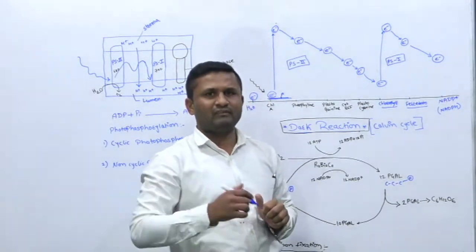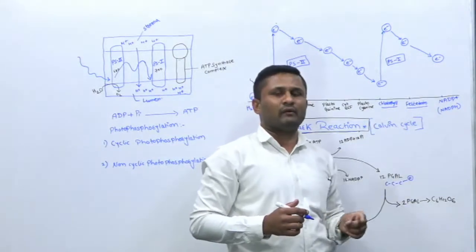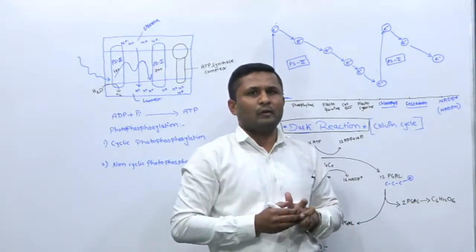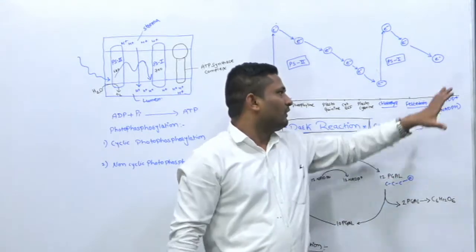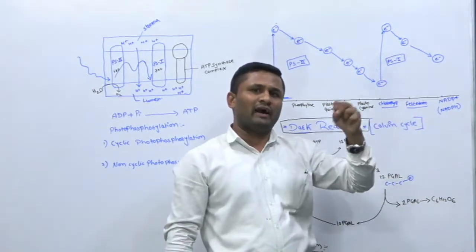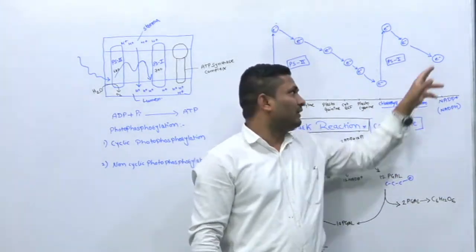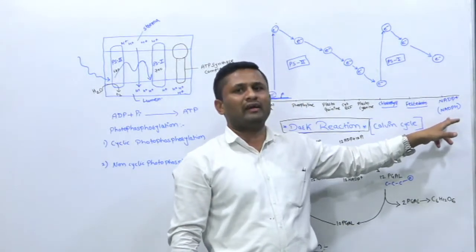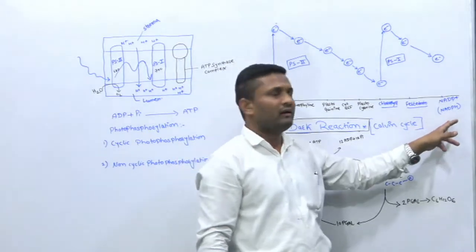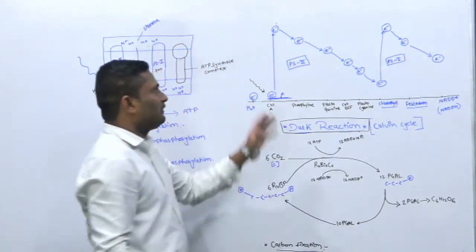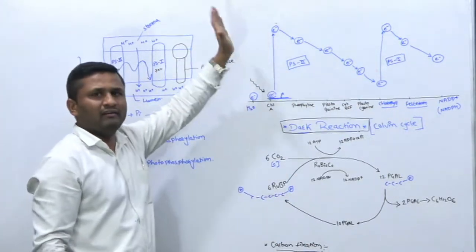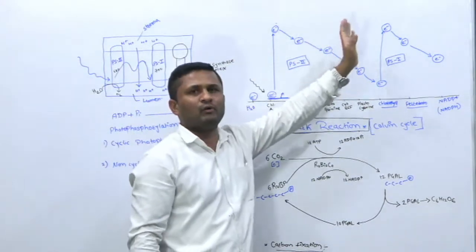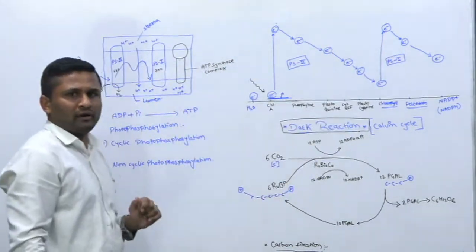That means in non-cyclic photophosphorylation, this NADP plus is the final electron acceptor, and when it accepts the electron, it will get converted into NADPH. Okay, so now this whole process is happening. In this way, these electrons are traveling from one component to another component, right?